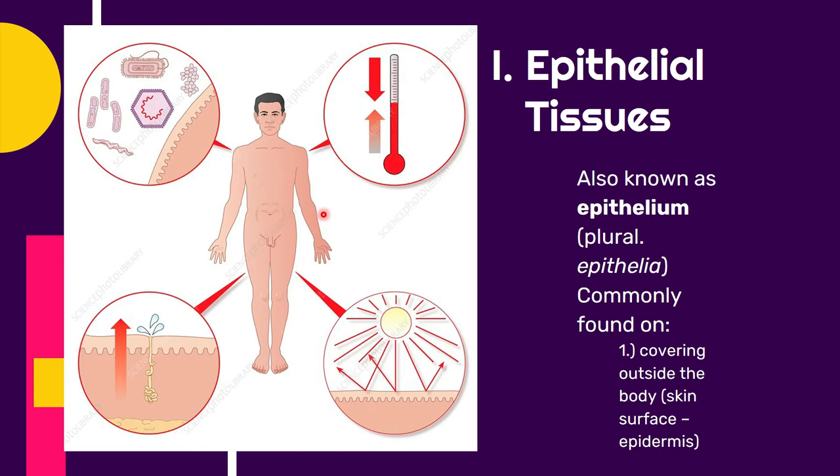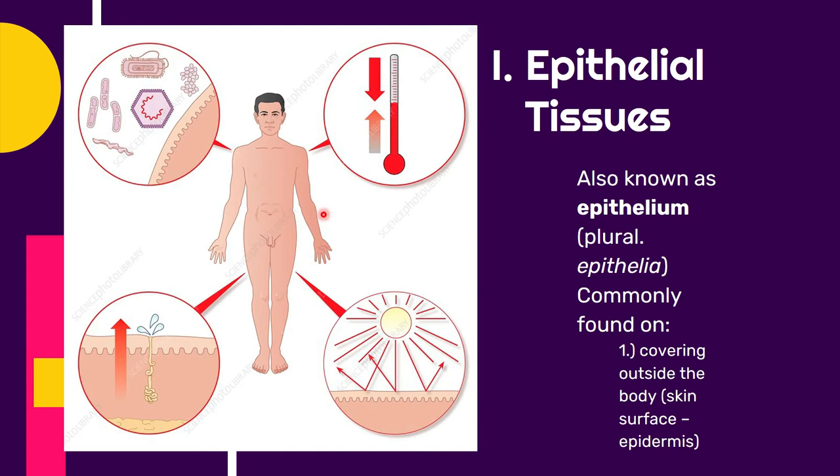Warm-blooded organisms maintain their internal body temperature, whether the external environment is very hot or very cold. We have to maintain a stable body temperature, which is 37 degrees Celsius.